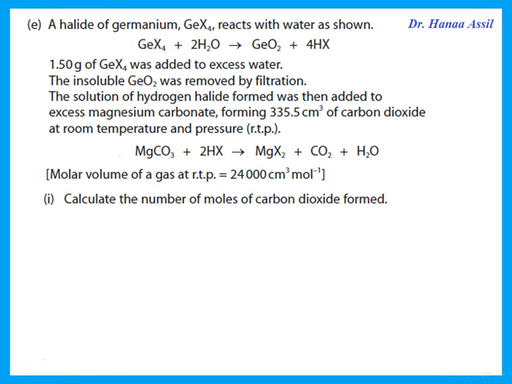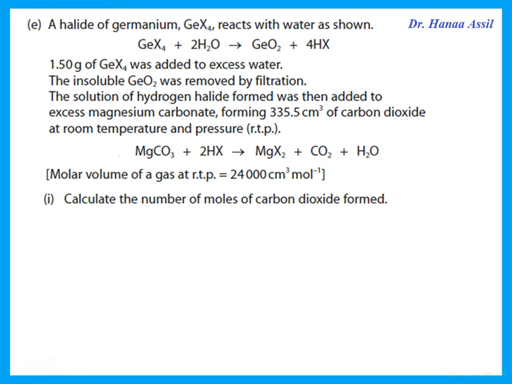A halide of germanium reacts with water as shown. 1.5 grams of GeX4 was added to excess water. The insoluble germanium oxide was removed by filtration. The solution of hydrogen halide formed, HX, up there in the equation, was then added to excess magnesium carbonate, forming a certain volume of carbon dioxide.